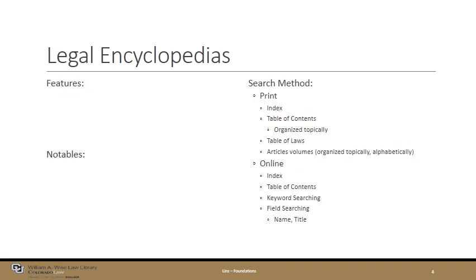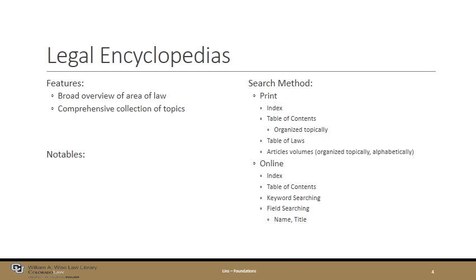All right, what are the features of a legal encyclopedia? Well, they provide a broad overview of an area of law. So you can look up a topic like search and seizure and it'll give you the broad pointers on what it is. It has a comprehensive collection of topics. So a legal encyclopedia in print will run dozens and dozens of volumes, and in those dozens of volumes, basically the majority certainly of legal topics will be treated.